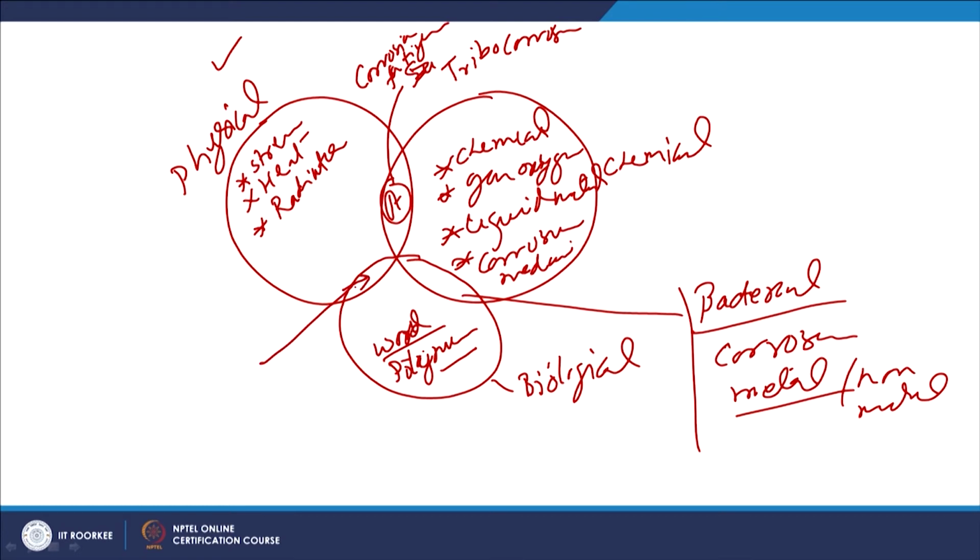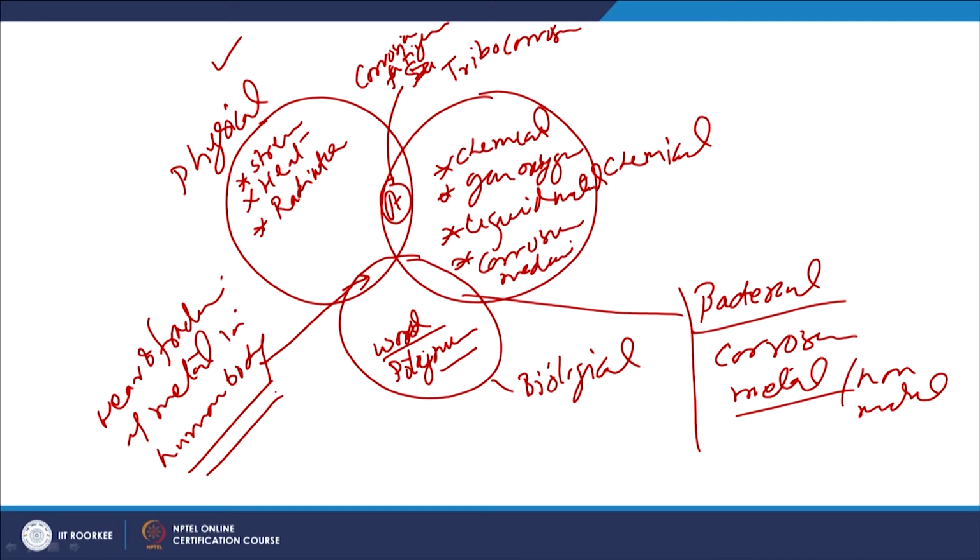And the third one is where physical and biological interactions are involved, that consists of the wear and fracture of the metals which are used in the human body for dealing with various kinds of bone fractures or replacement of vital body parts, so that the physical devices can work.